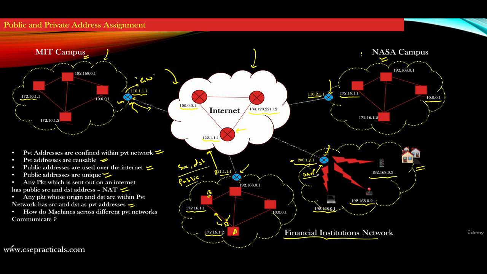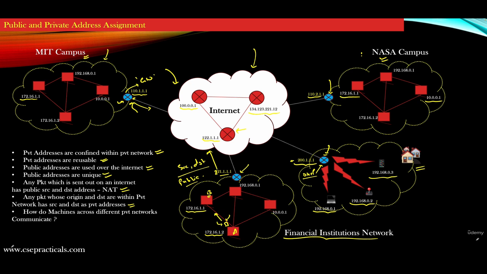But for now, you need to understand that all of your machines connected to your home network have private addresses assigned. And it is only your Wi-Fi router that has a public address assigned.